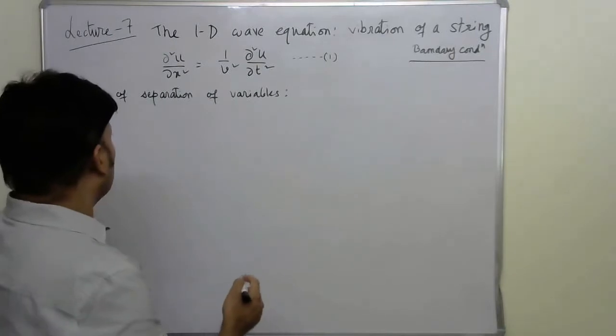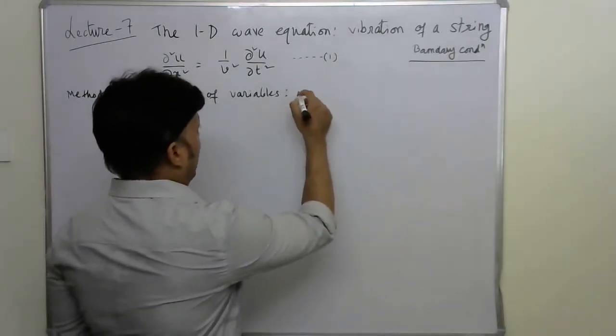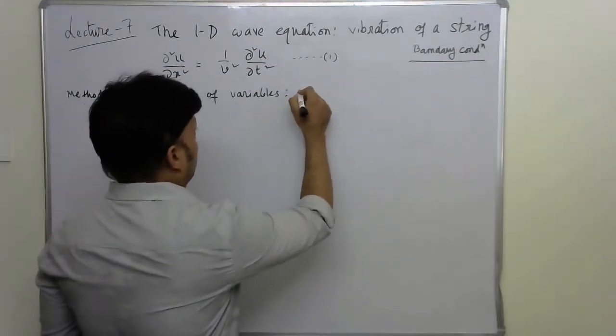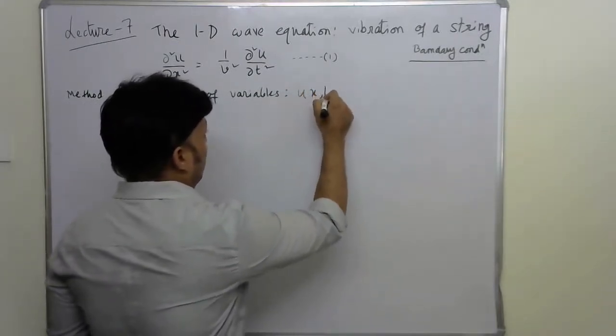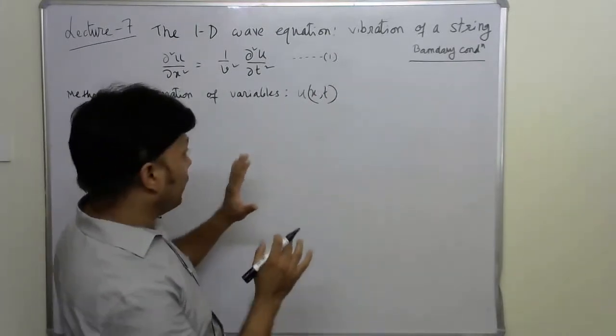So what is this method? Let's assume that u(x,t), this amplitude function, contains both x and t.